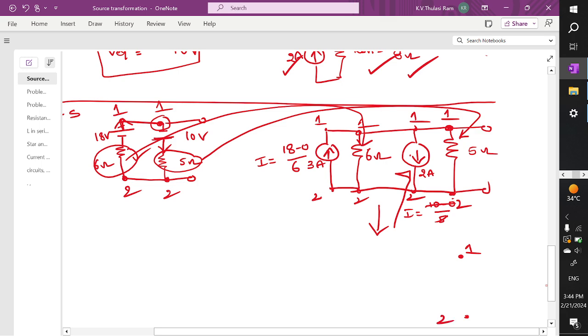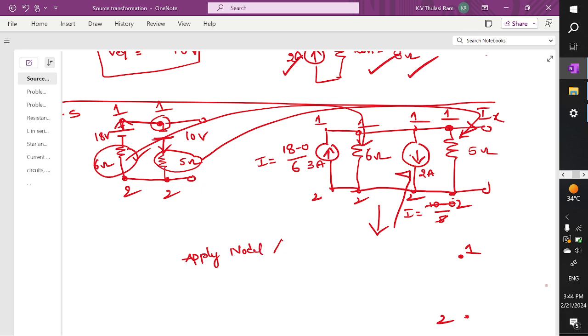Let us assume that I want to find out the resultant current Ix. In order to find the resultant current, apply nodal analysis at node 1 directly.